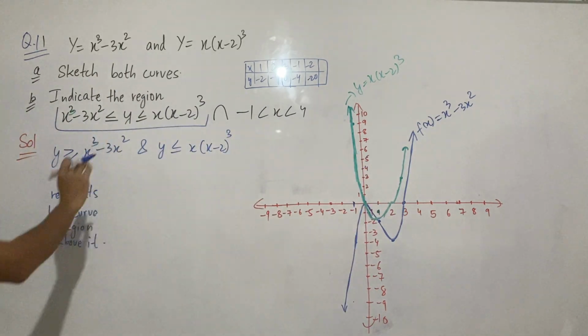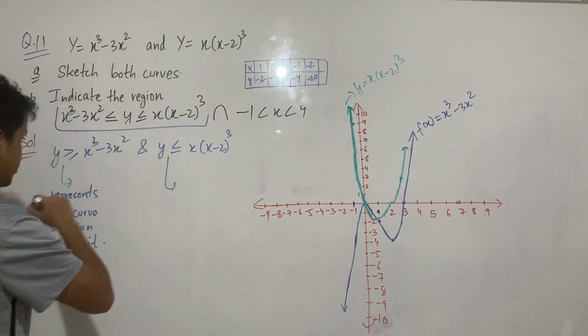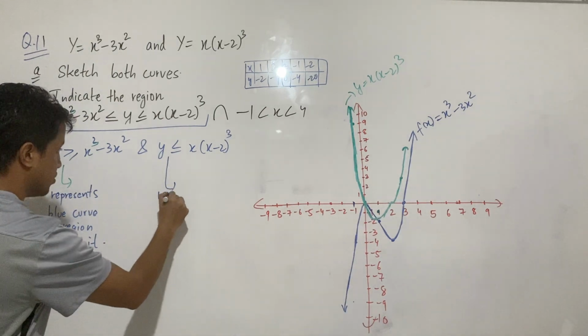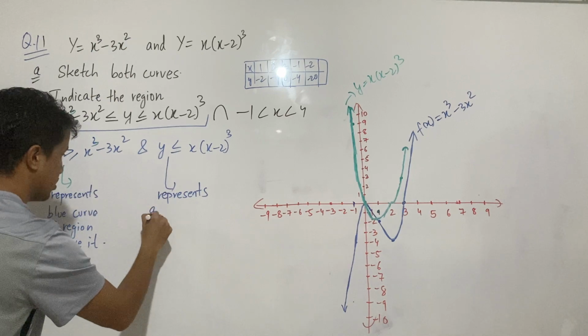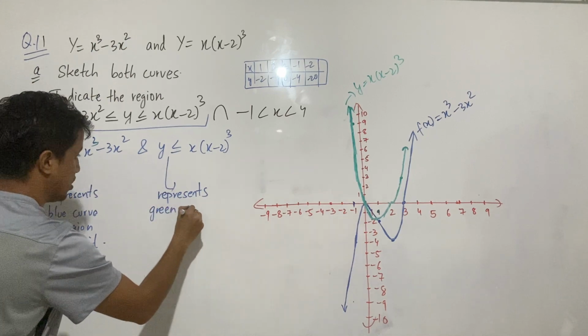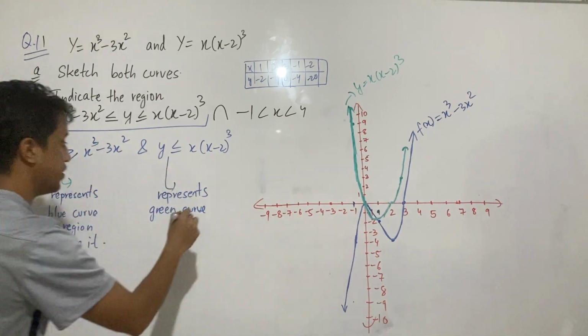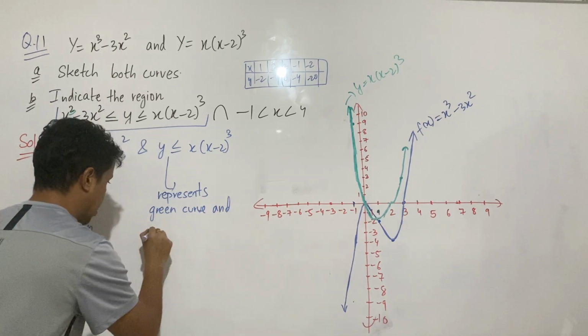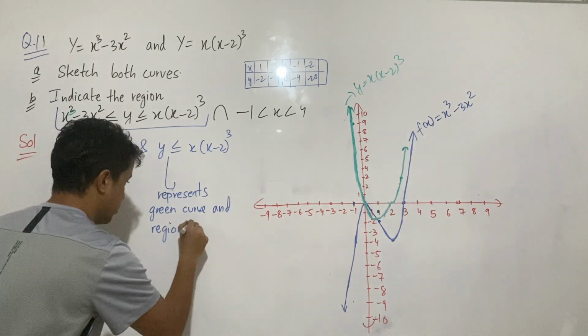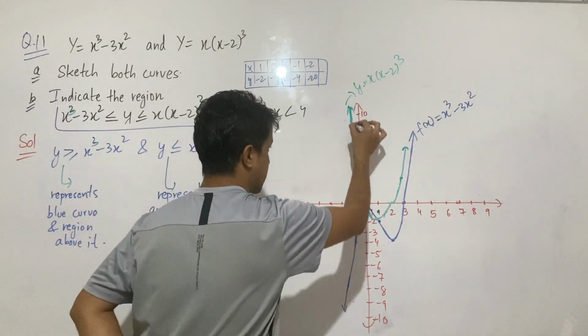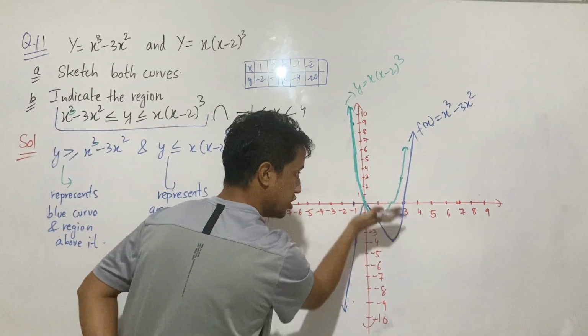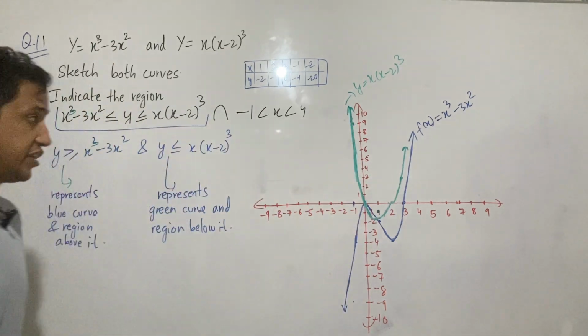And then this one, what it represents: the green curve and the region below it. So the green curve means this one, and the region below the green curve.